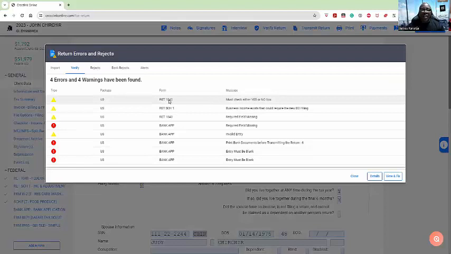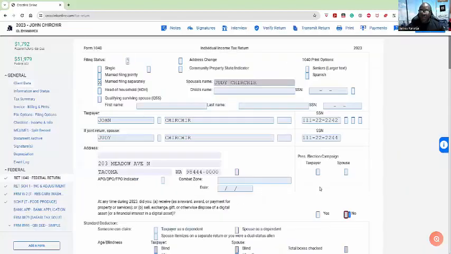So we go back to 1040. There's an error there. So anytime during the 2023, did you receive as a reward, an award or payment for property or services or sell, exchange, gift, or otherwise dispose a digital asset?